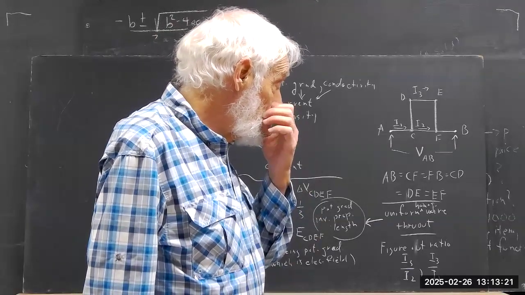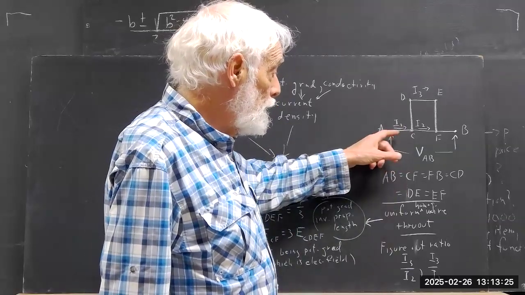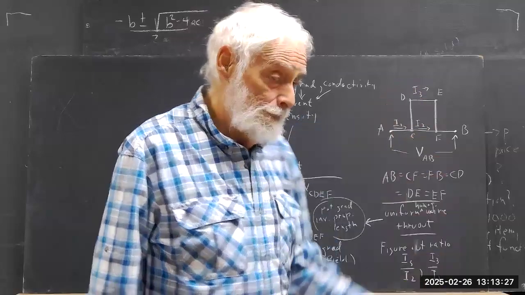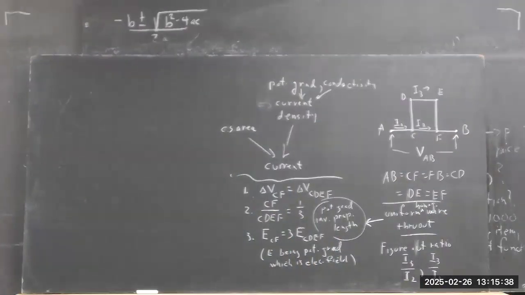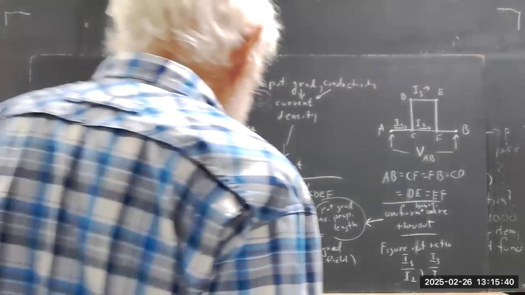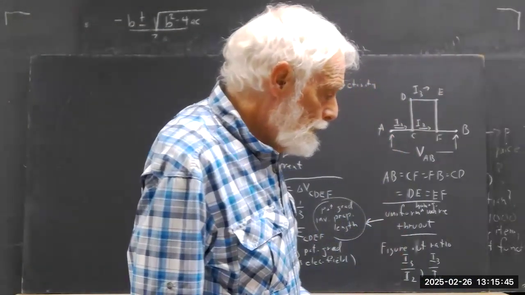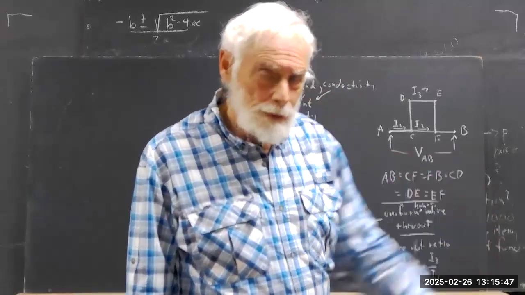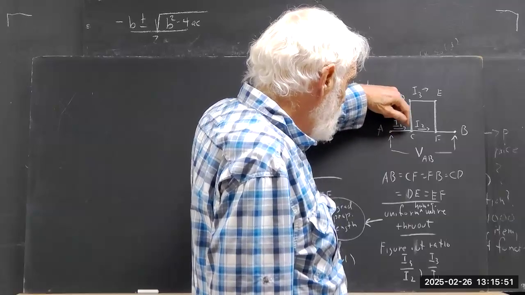Now, that tells you, since all this is just plain old homogeneous charge-carrying wire, it's got some resistance, whatever that is, the reciprocal of conductance. So the fact that current can't accumulate tells you how I1 is related to I2 and I3. So what do you think that relation would be? It took us a little bit to figure out what happens to the charge that drifts by any point.